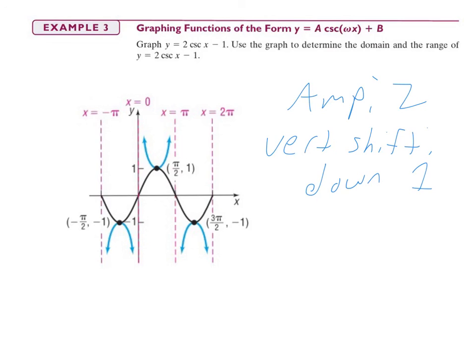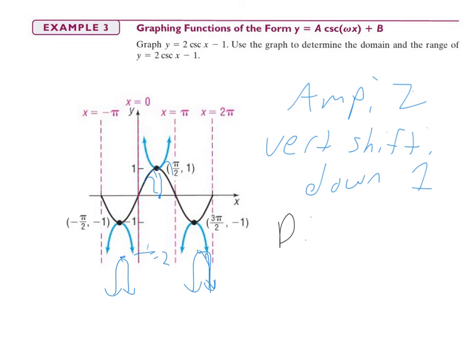So each of these branches now would shift down 1 unit, and the branches would just be more narrow because the amplitude is 2. It's not shifted to the left or to the right.